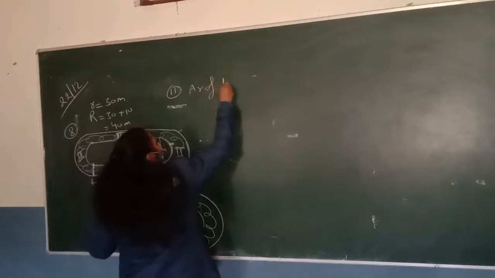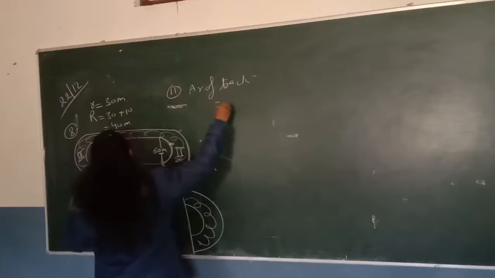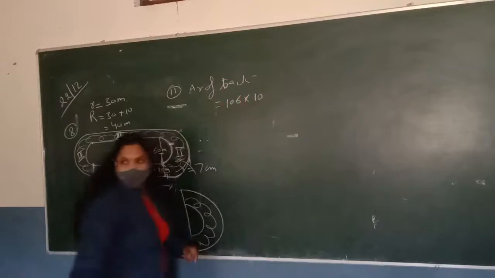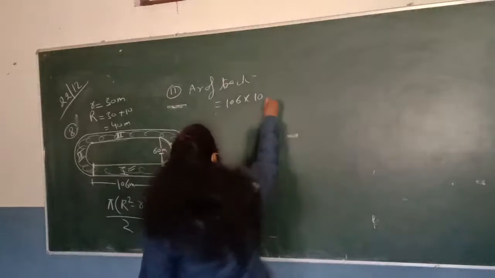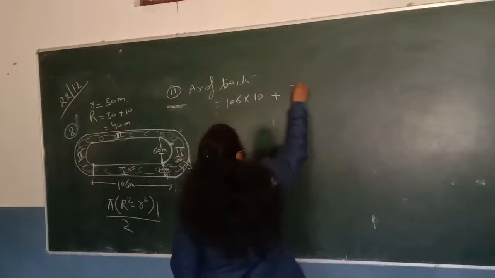Area of track. It will be 106 into 10. This is the area of the rectangular portion. Ajit, have you any problem?